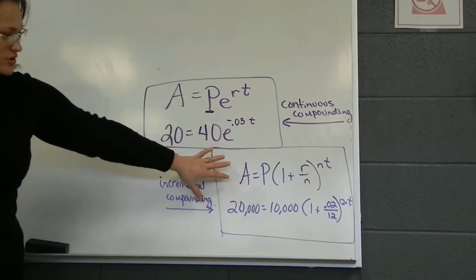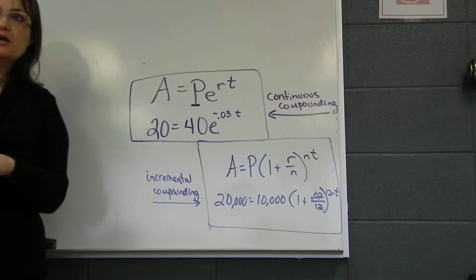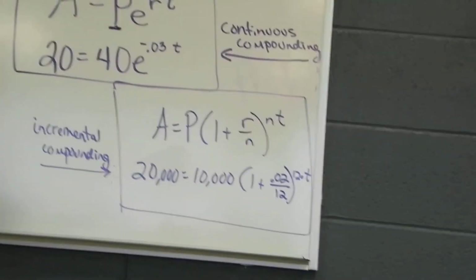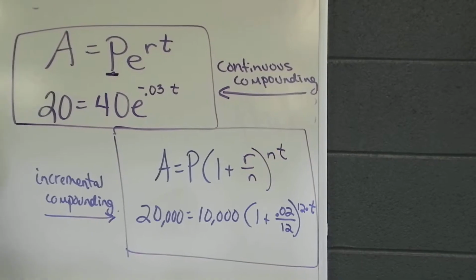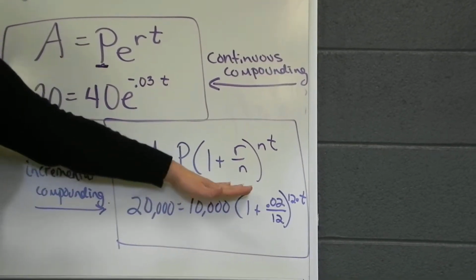The other formula we're going to use is incremental compounding, when it's compounded monthly or semi-annually or daily or quarterly, some increment of time that you can measure. You're going to use this formula.